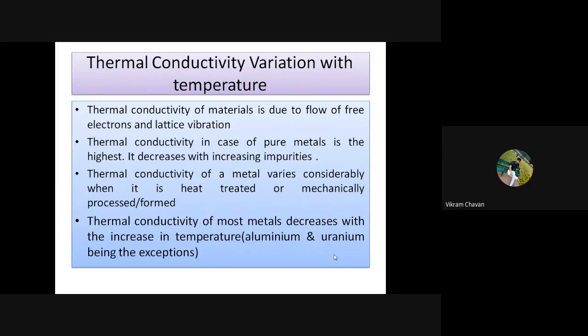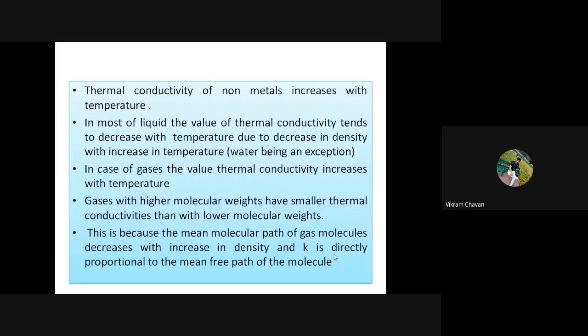If temperature decreases, what will be the impact? That we need to understand. So we discussed metals, non-metals, liquids, gases with a higher molecular weight, then gases with a lower molecular weight. We discussed these four important points, and these points are very important in this chapter.